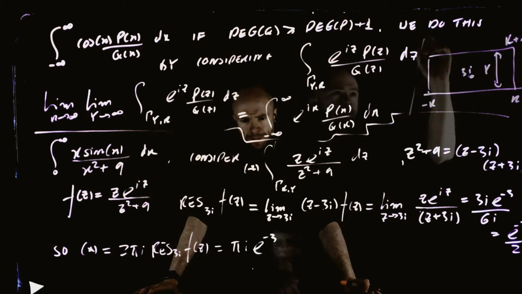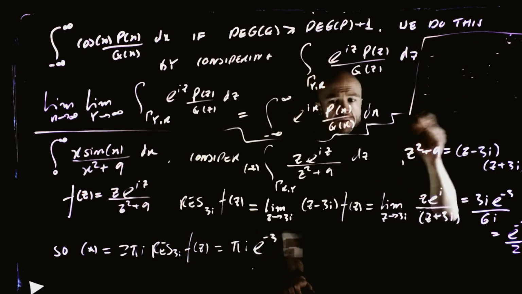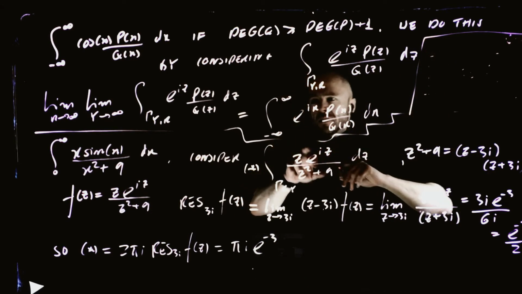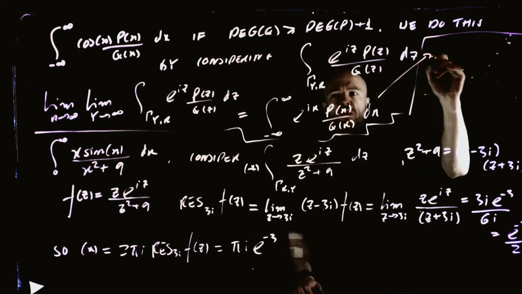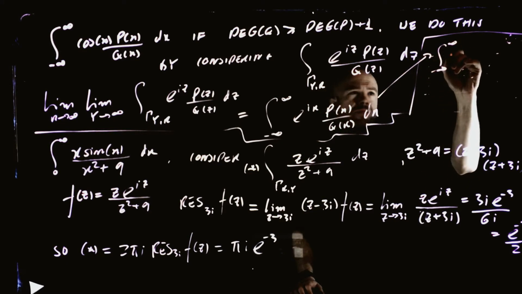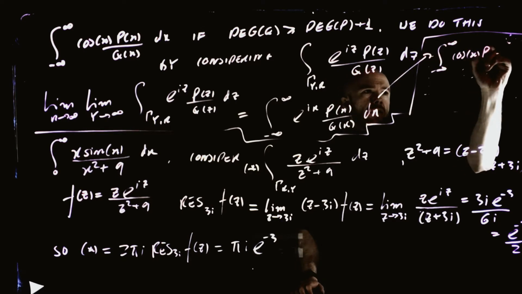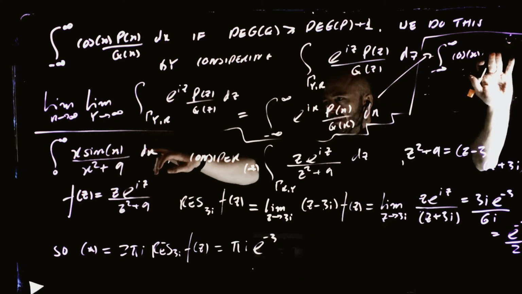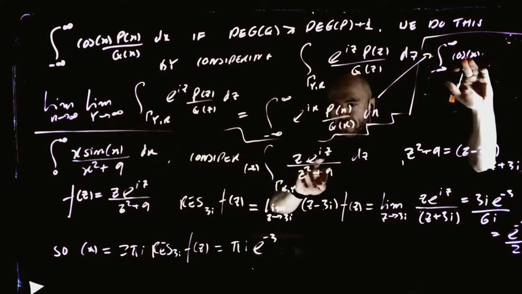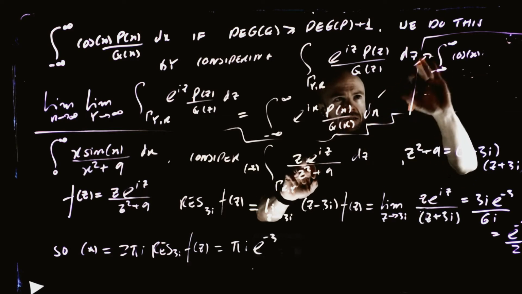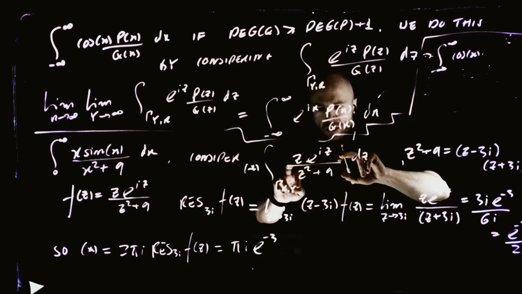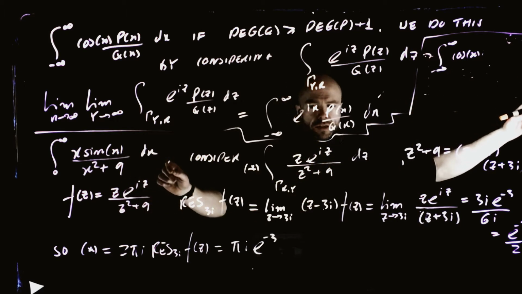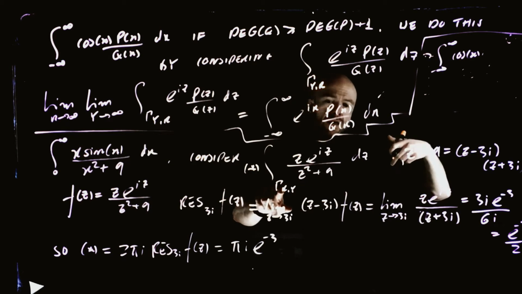If we wrote it out as the real and imaginary parts, then what do we have? We have the integral from minus infinity to infinity of cosine of x, p of x. Oh, but let's put the actual polynomial we have. I'm mixing things up. Right, sorry, let's do that again. Let's write this as the integral from minus infinity to infinity on the real line, which is what happens when we take the limit as r and y go to infinity.